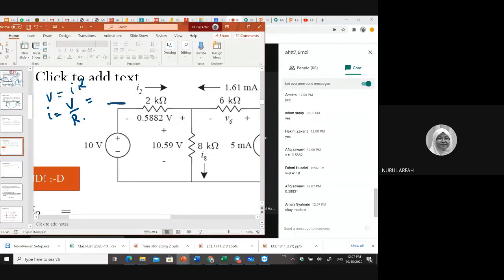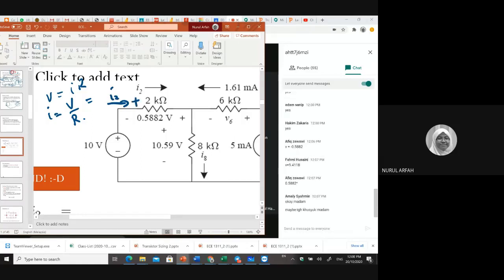Okay, I2, yes, we're supposed to have a plus because of the passive sign convention. But like I said, whatever we have for the value of the voltage drop across that, you just use the sign. Like this one, you have a negative, right? So even though this is a plus, and we have a negative here for the voltage, you use the negative sign.